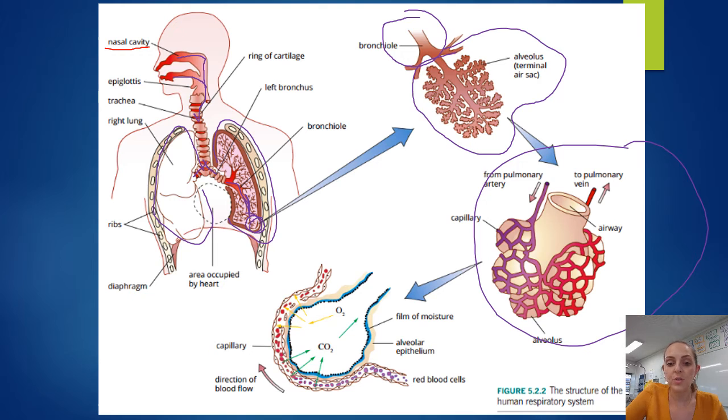Oxygen and CO2, as we can see here, oxygen is able to enter the alveoli, diffuse straight into the capillary. CO2 is able to diffuse from the capillaries back into the alveoli for us to exhale. Now, we'll talk more about the path that this goes in a little bit.